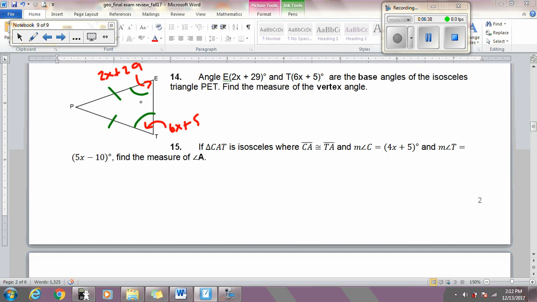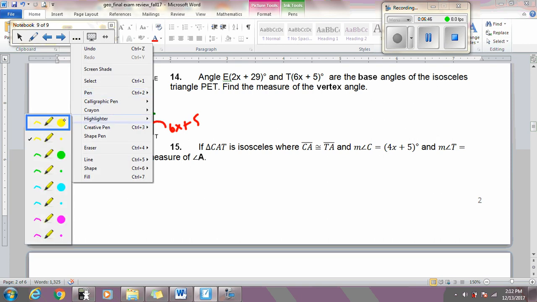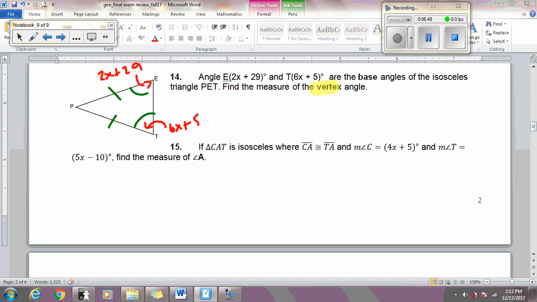All right, now it wants us to find the measure of the vertex angle. The vertex angle is P. Okay, but this is definitely a multi-step process.